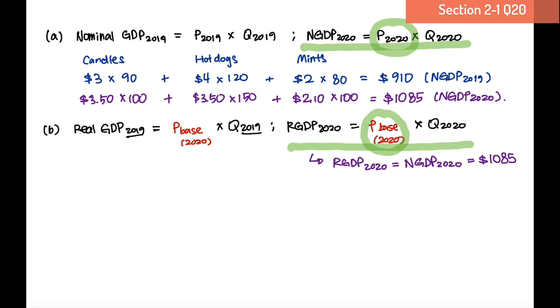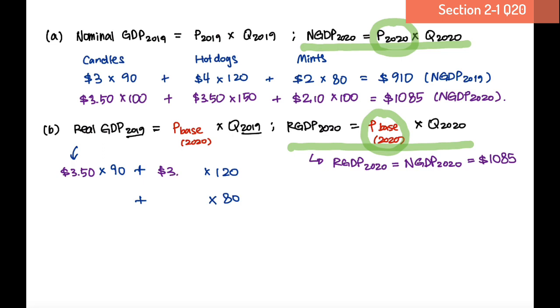On the other hand, things are going to look a little different for the real GDP of 2019. Again, in 2019, we are producing 90 candles. The price is going to be $3.50 because we're using 2020's prices. And same for hot dogs and mints. We're producing 120 units for hot dogs and 80 units for mints, but for prices, we're using 2020's prices.